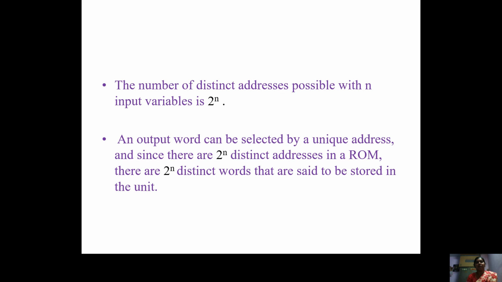Because the decoder is able to provide the 2 power n locations, which can act as addresses to select a particular address for the memory unit. An output word can be selected by a unique address, and since there are 2 power n distinct addresses in a ROM, there are 2 power n distinct words stored in the unit.